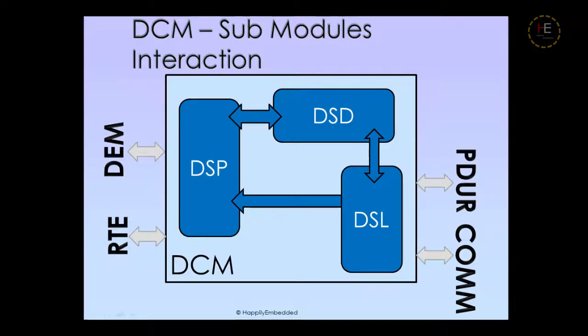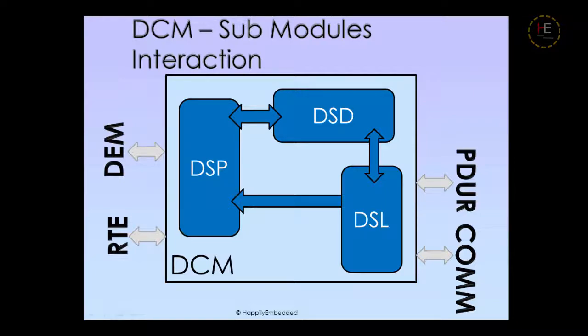Now we can check the DSD module, the diagnostic service dispatcher module. Already we have seen that the DCM has the functionality to validate the incoming diagnostic request. This functionality is achieved by the DSD. This module validates the incoming diagnostic request, which will check the service ID, diagnostic session, security and access levels.